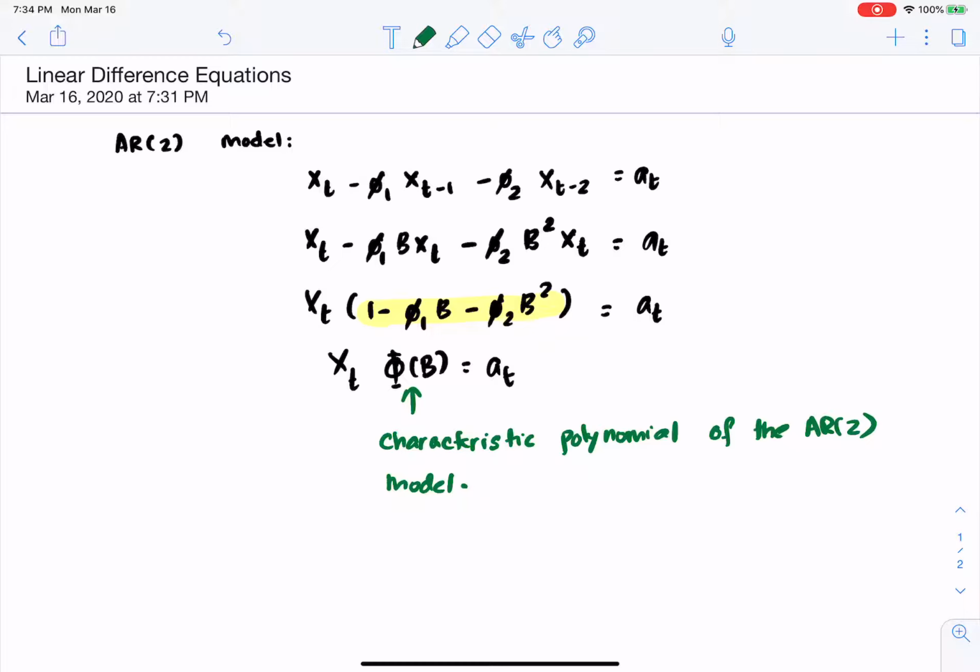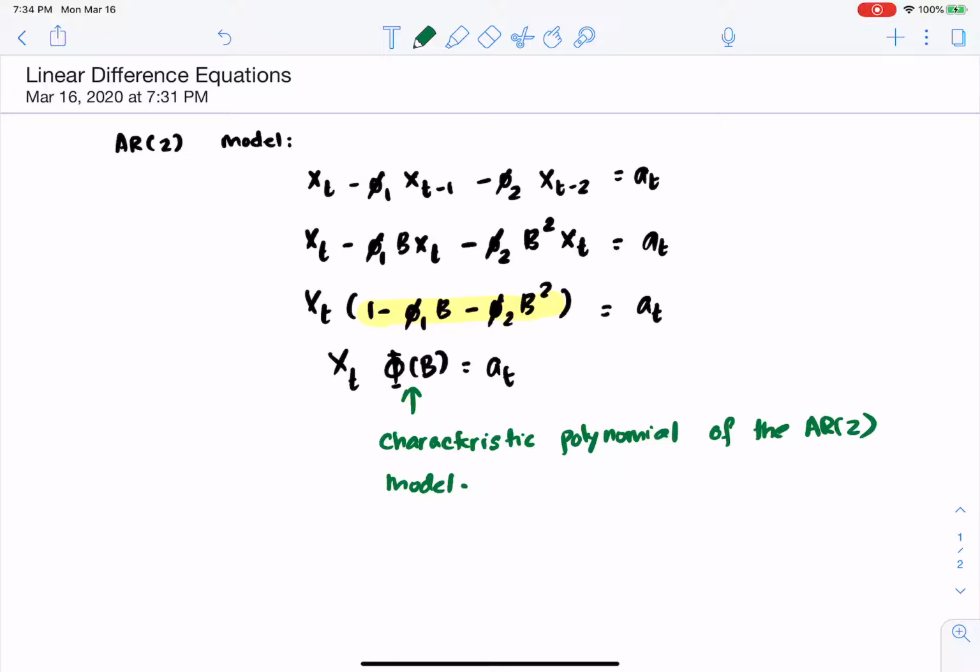So if we have a characteristic polynomial, then we can factor it and find autocorrelations using phi1 and phi2.